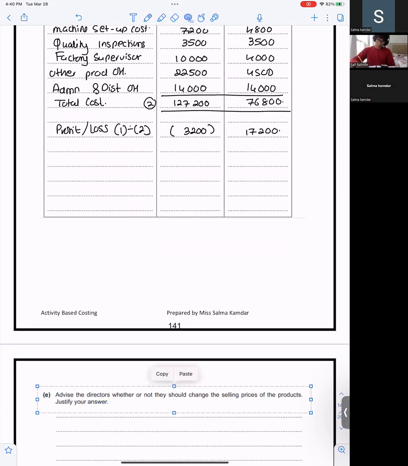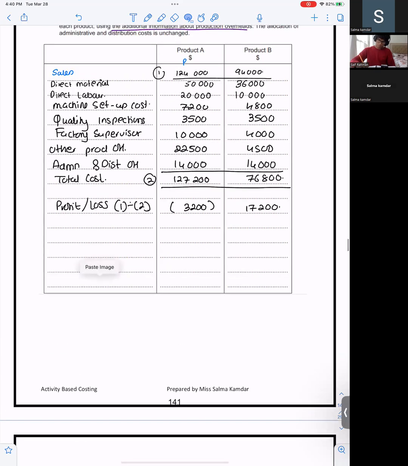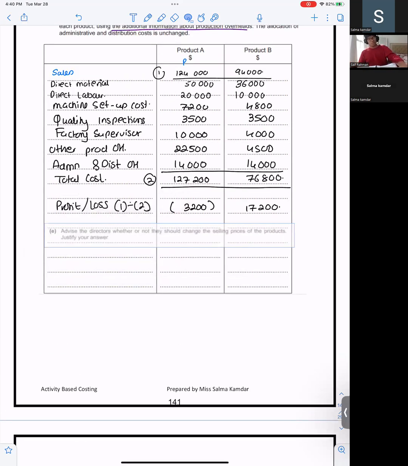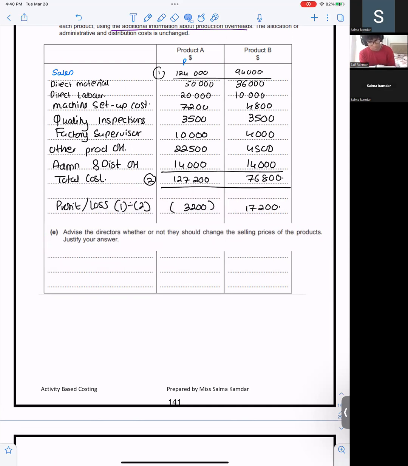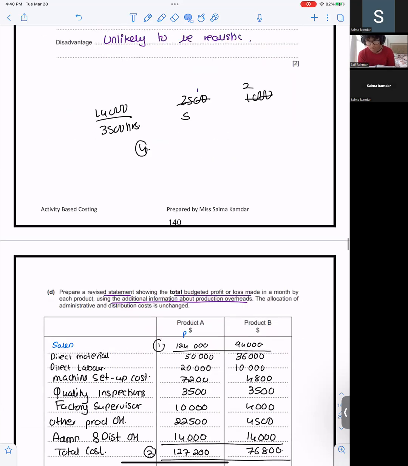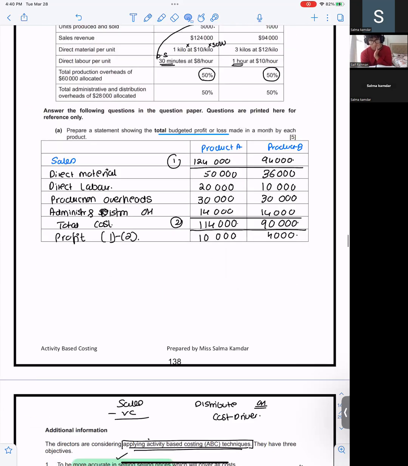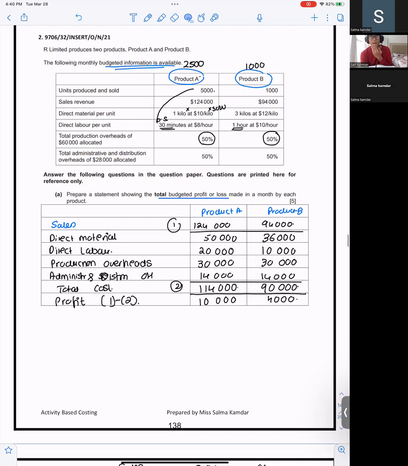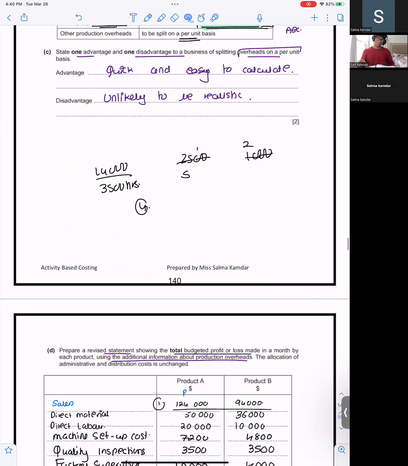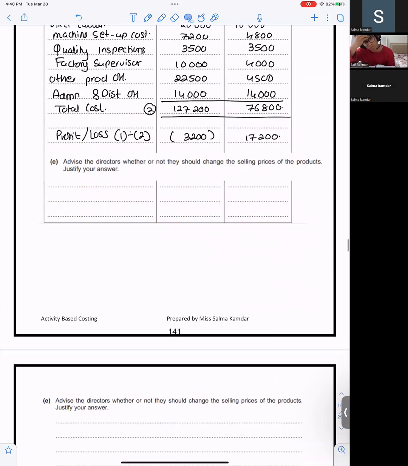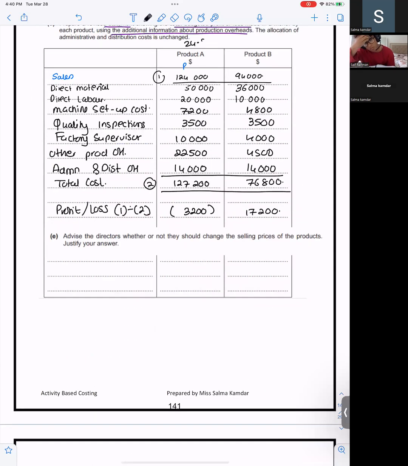Now you need to advise the directors whether or not they should change the selling price of the product. For product A, my selling price was how much? 124,000 divided by 5,000. So it was 24.8. And this was 94.